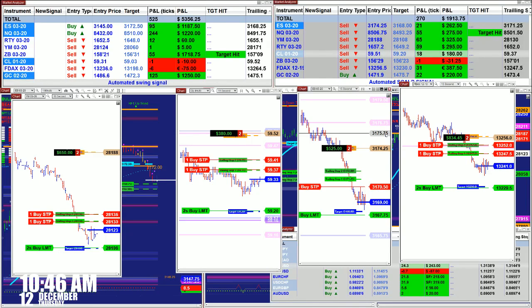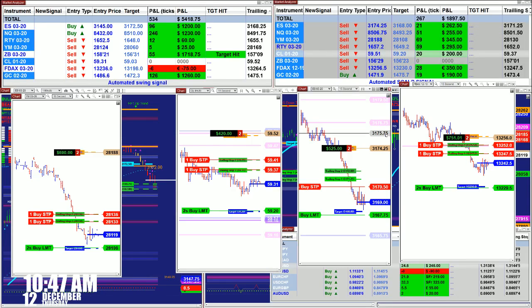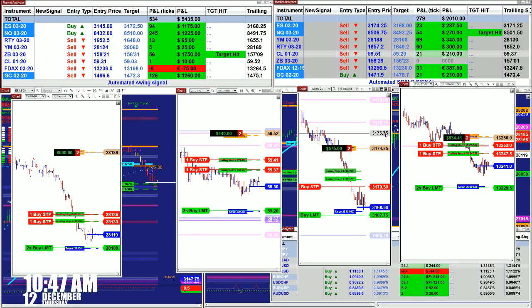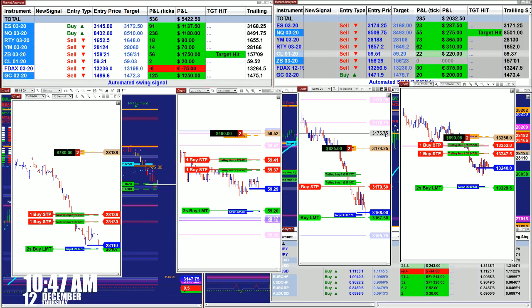So this is a really, really an auto trade. At the same time, the auto trade is expanding the target when the market is trending, and if the market pulls back a little bit, the trailing stop is trading like a human, and all we have to do is manage it.